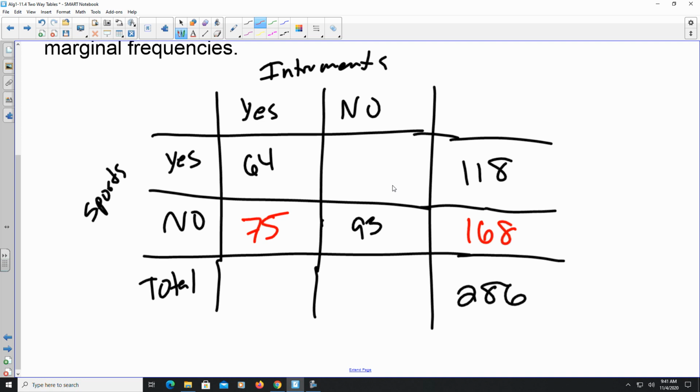Now that I got the 75, I can find the total people that play instruments. So 64 plus 75 is 139.